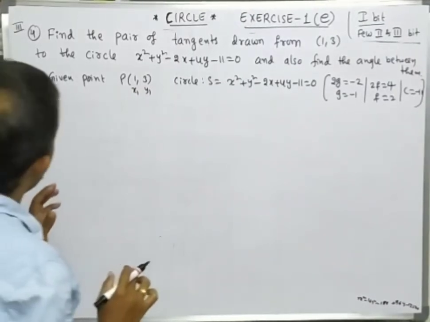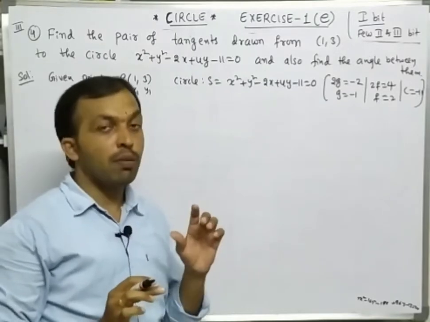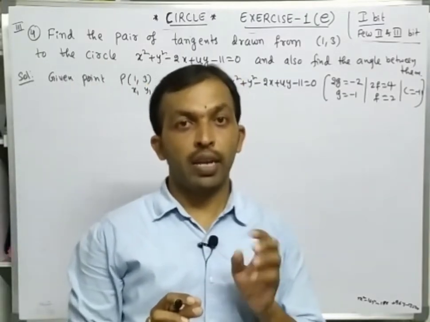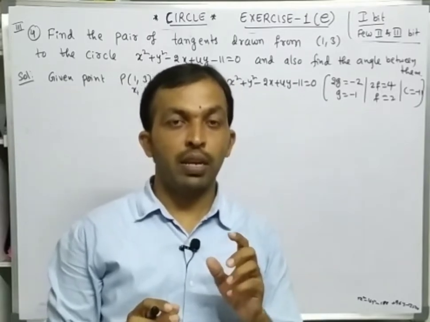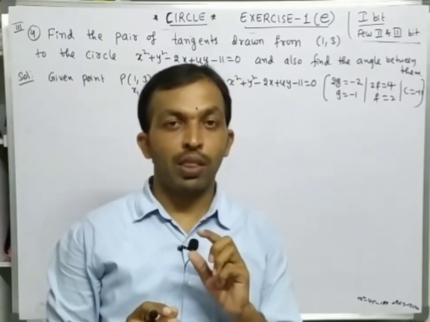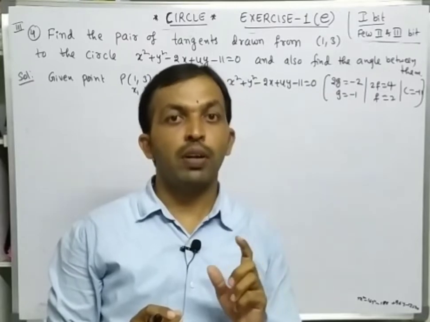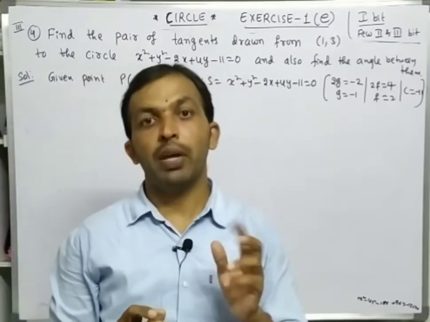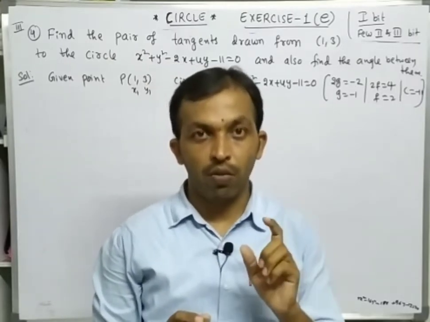Now I am going to explain the pair of tangents. In the previous video I explained that S into S11 is equal to S1 square is the pair of tangents equation. Combined equation of pair of tangents is S into S11 is equal to S1 square.